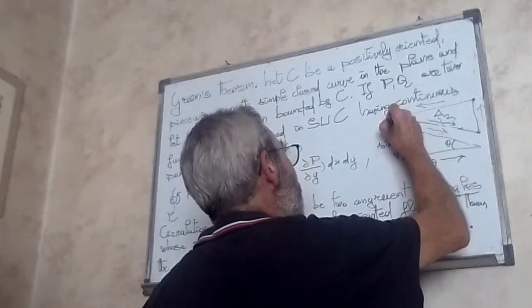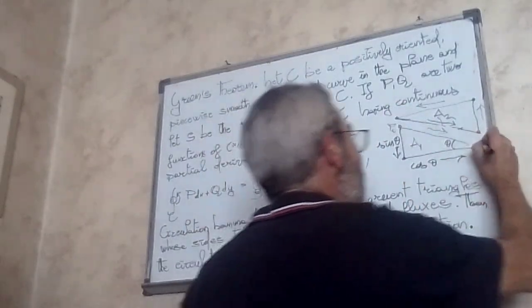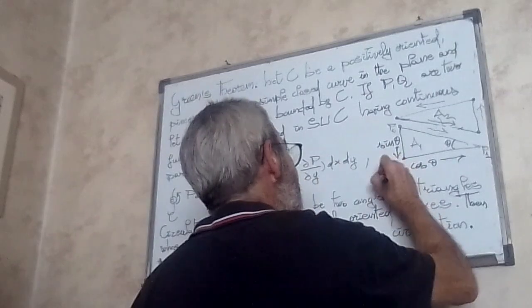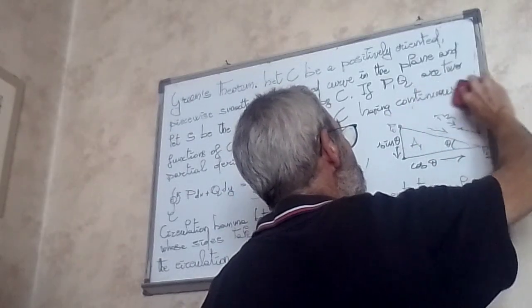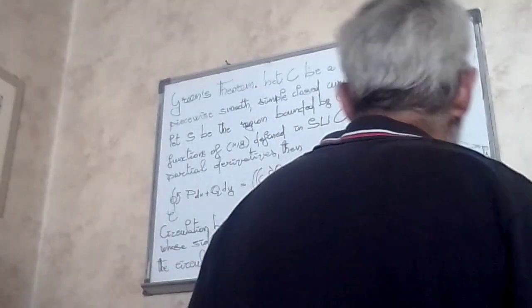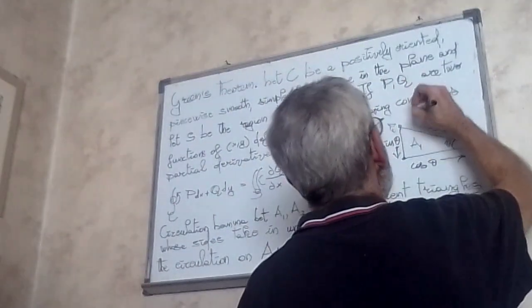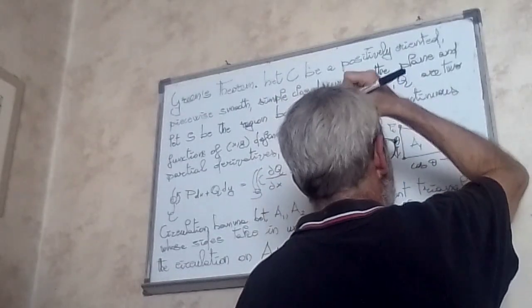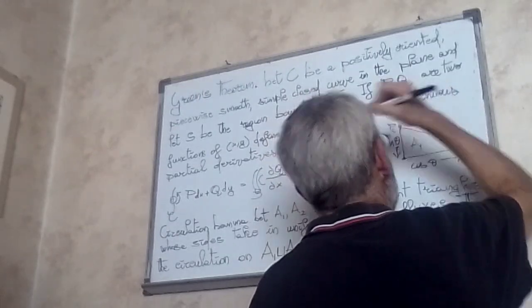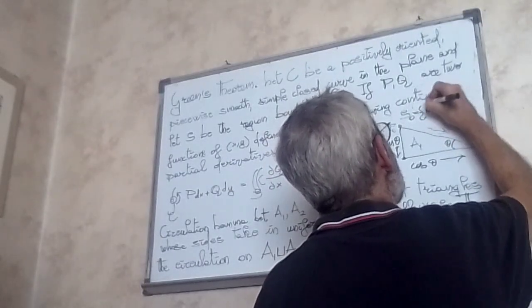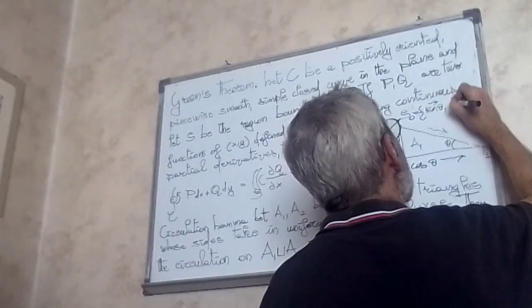Now we can call P0 this vertex, P1 this vertex, and we can write the set S0 as the set containing sine theta and cosine theta.